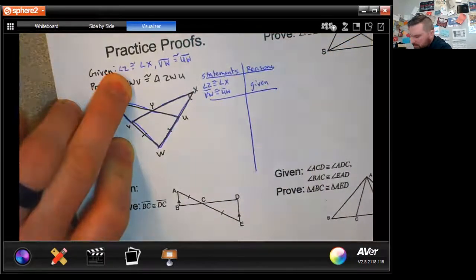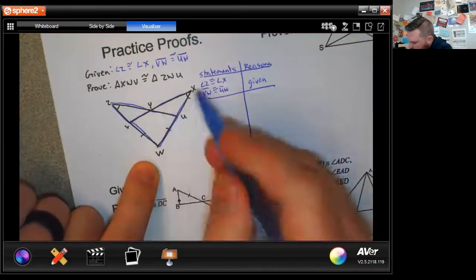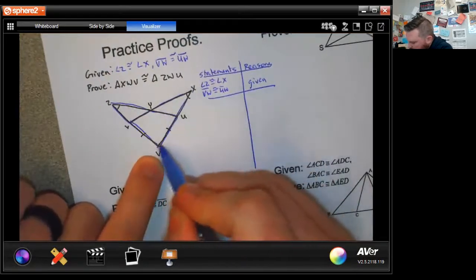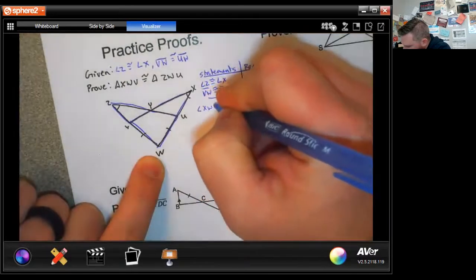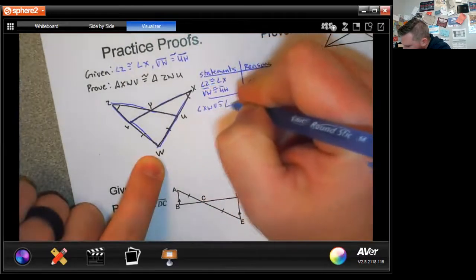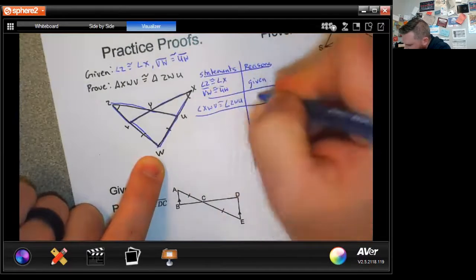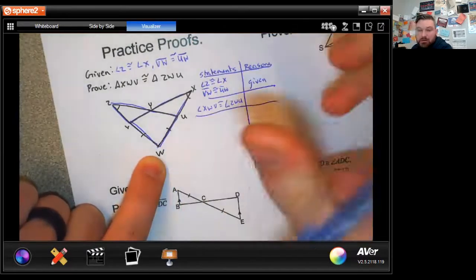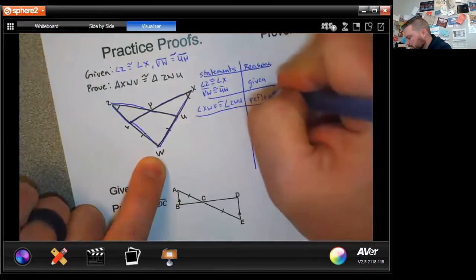Okay, now we look for something that is shared. These two triangles here share this angle W. So angle XWV is congruent to angle ZWU. That's this angle right here. And it's shared, so that is your reflexive property.